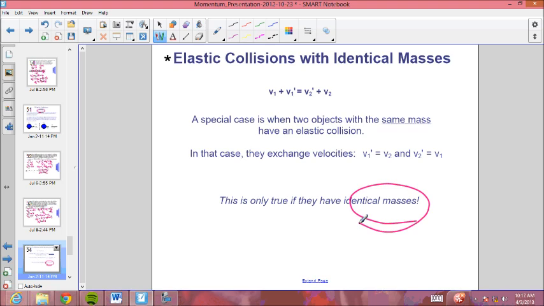So basically, this is object 1, this is object 2. When they hit, the first mass is going to go out with the same velocity that the second one hit it with, and the second one is going to go out with the same velocity that the first one hit it with. So they basically mirror each other.